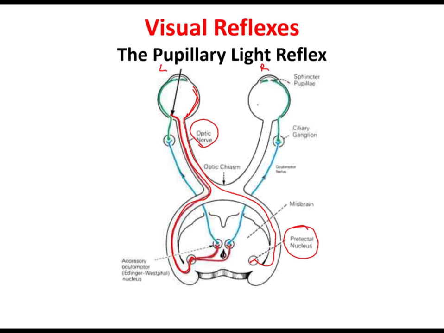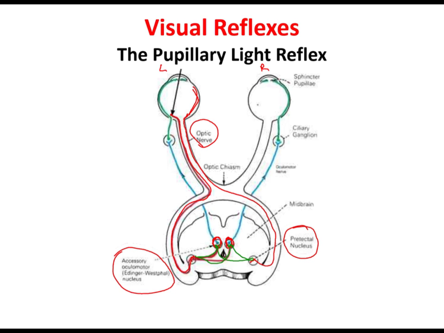Now, how about the efferent limb of that reflex? The efferent limb is from the Edinger-Westphal nucleus. Now, we saw the Edinger-Westphal nucleus here. It's the accessory oculomotor nucleus, and we'll see a picture shortly. So from the pretectal nuclei, we have fibers, and I'll draw these in green here, that project to the Edinger-Westphal nucleus on the left and the right-hand side.